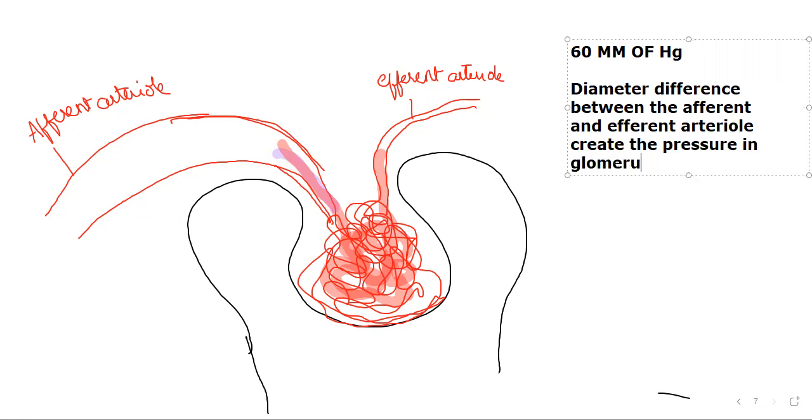How much? The pressure created due to the diameter difference between the afferent arteriole and efferent arteriole in the glomerulus is 60 mm of Hg.